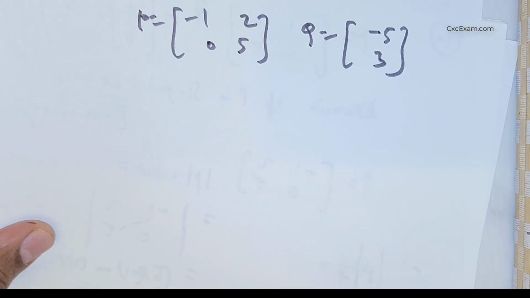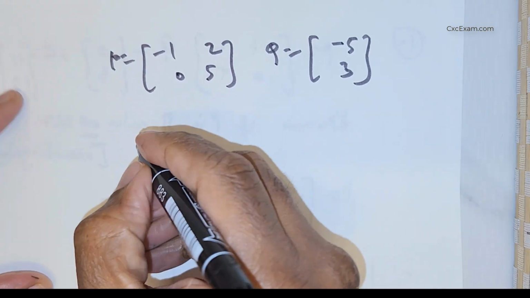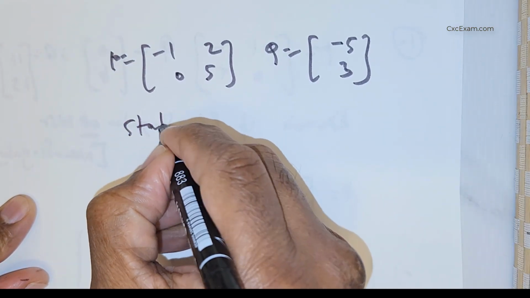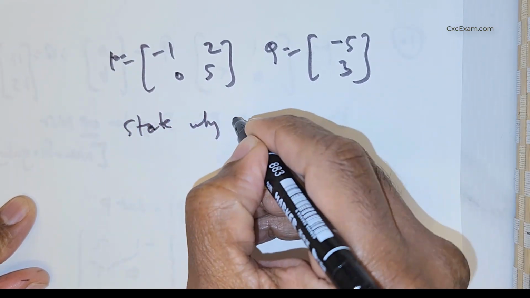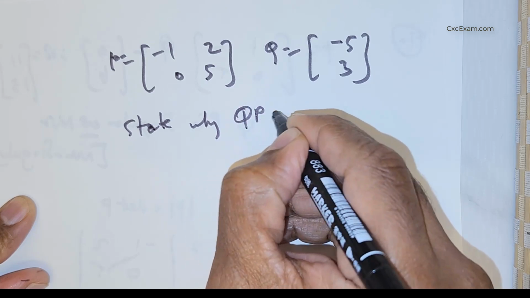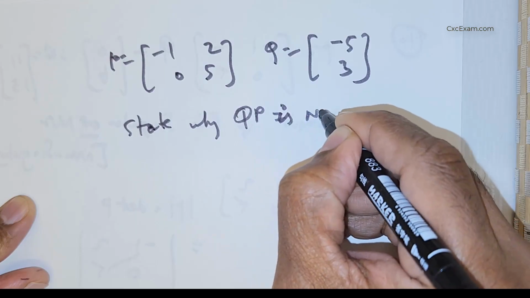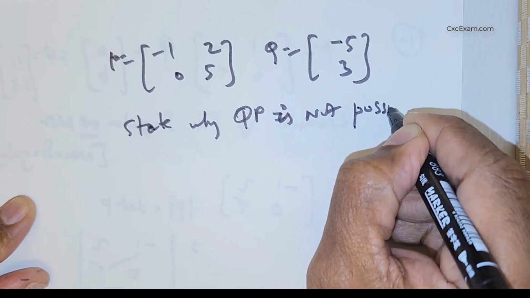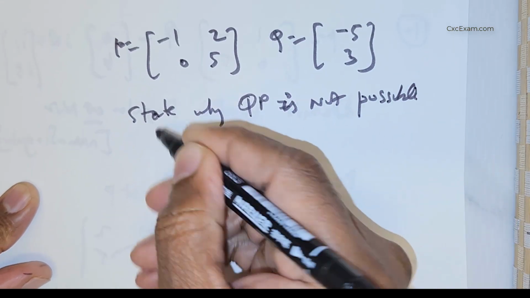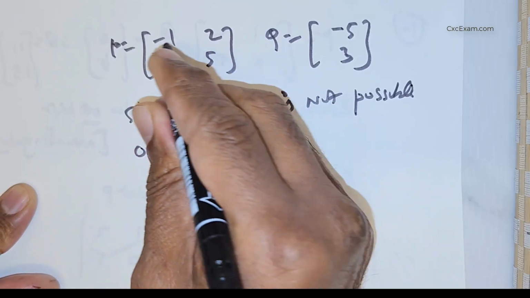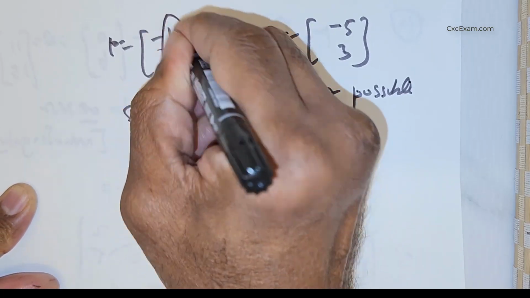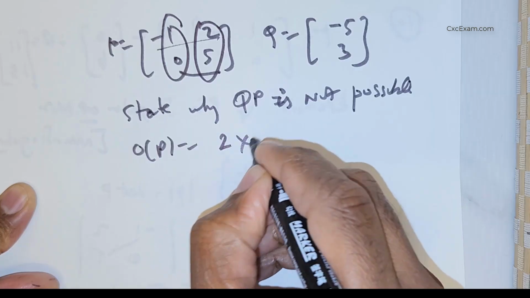Now this is the next part of the question. They are asking us to state why QP is not possible. Okay, so this is explanation. So order of P is what? 2 rows and 2 columns.